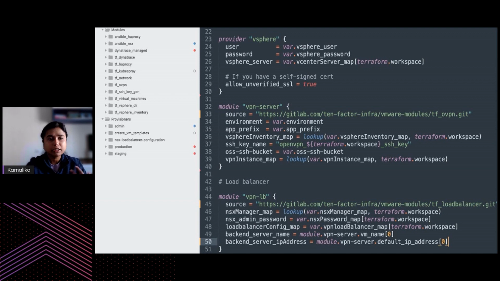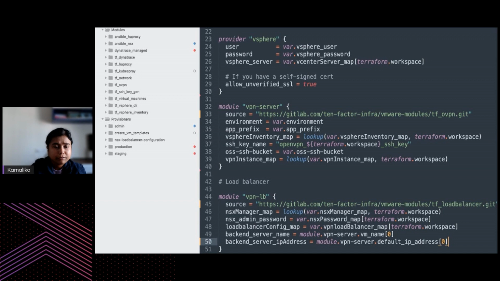Likewise, in network, you have firewall rules, and then also the NAT rules were all created. So although we used an Ansible module, we were using Terraform to call it. That way we could combine both Terraform and Ansible modules together. For network, you can see it like this. Similarly, you can see the network configuration is like that.